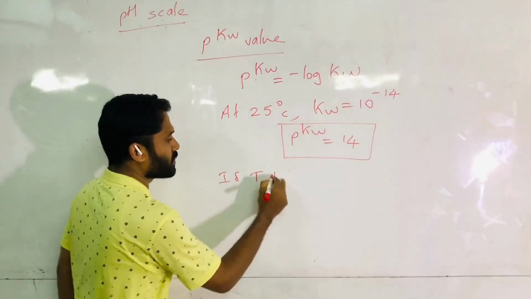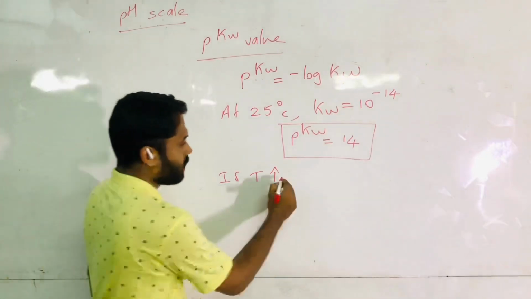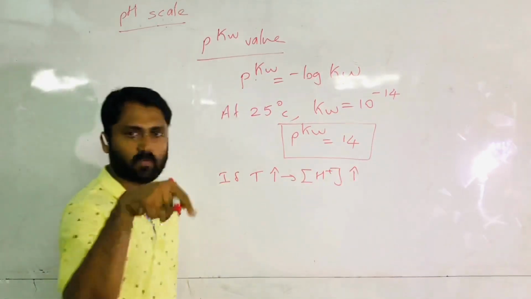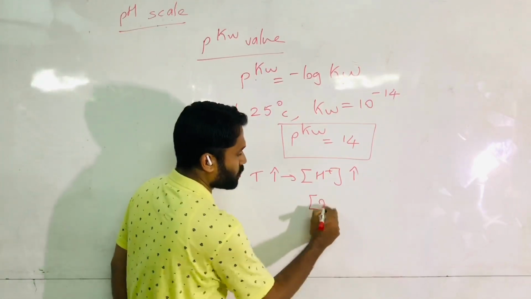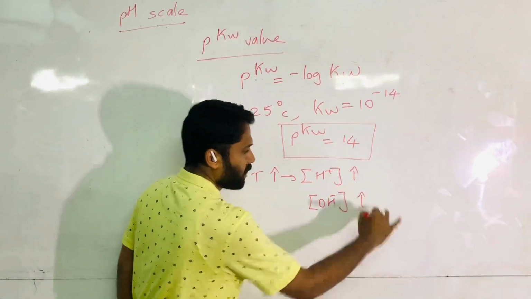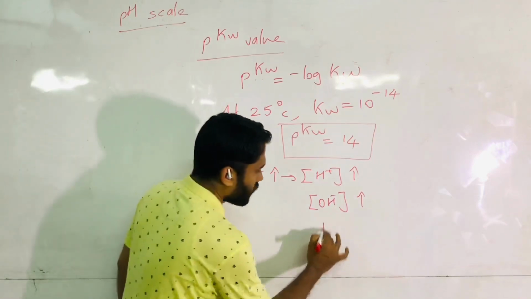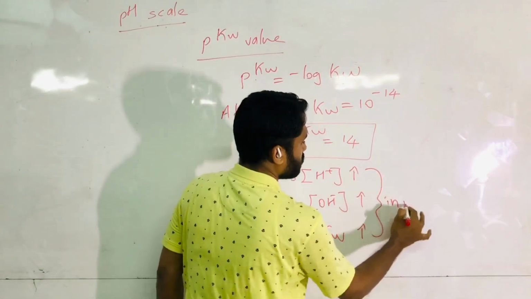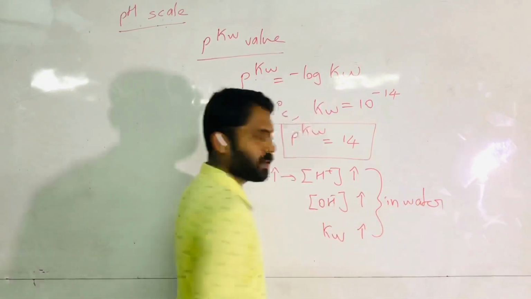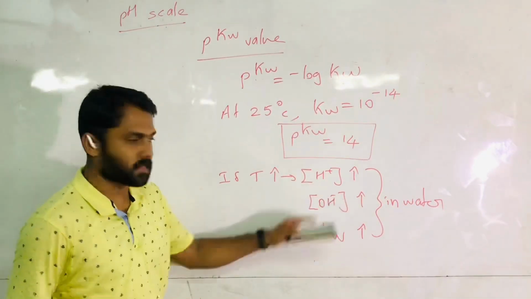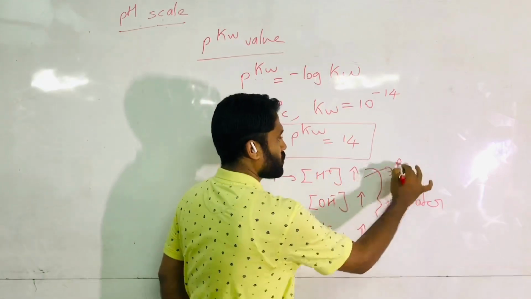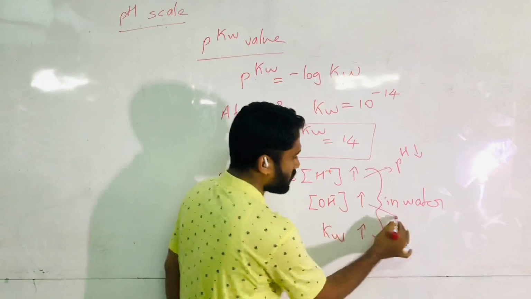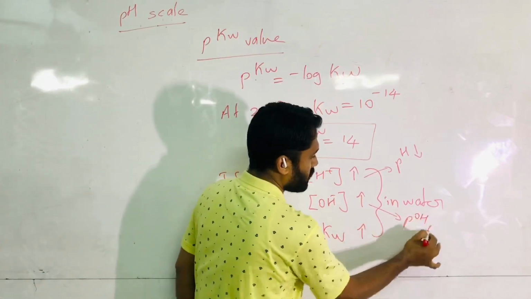If you increase the temperature, the concentration of H plus increases in water, the concentration of OH minus increases in water, and Kw increases in water. If the concentration of H plus increases, pH decreases. If the concentration of OH minus increases, pOH decreases.